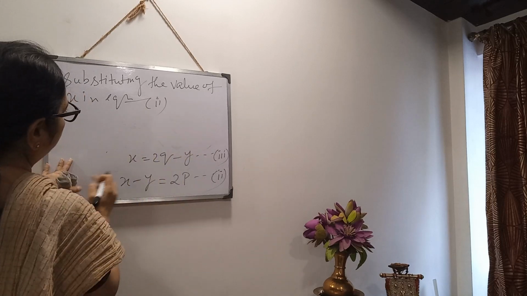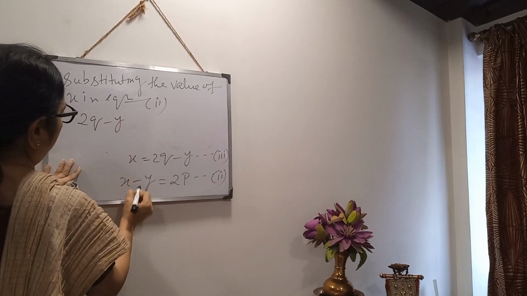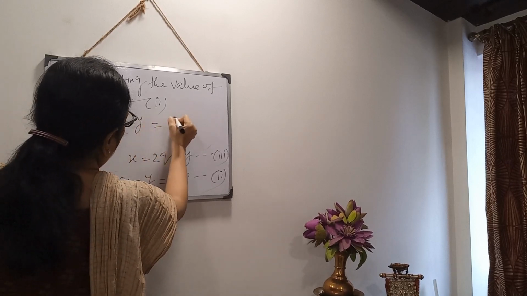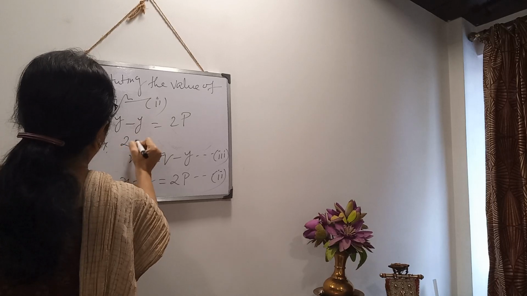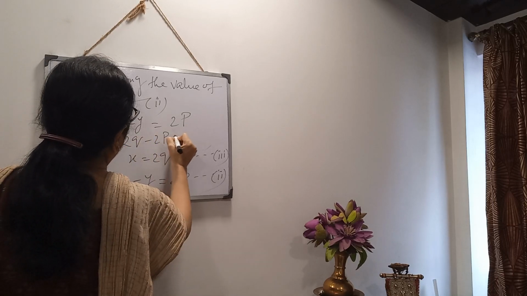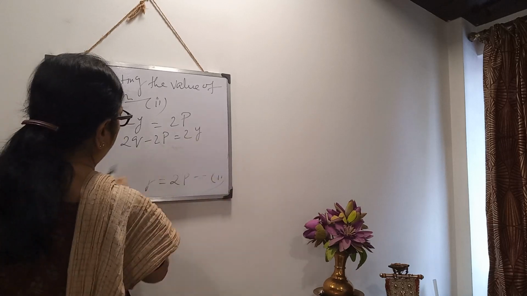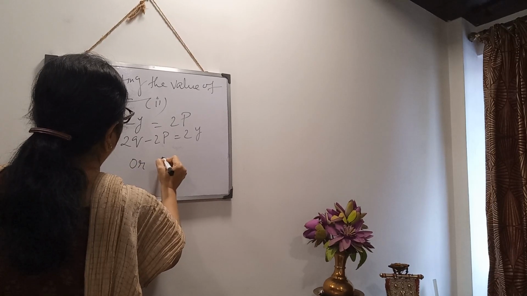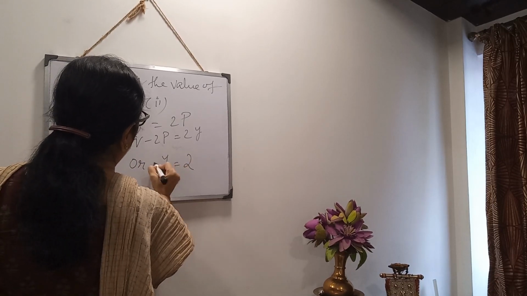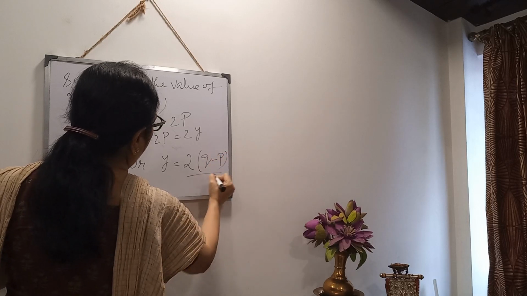My x is 2q minus y. So 2q minus y and there is minus y equals to 2p, or twice y. 2q minus 2p equals to twice y. Therefore 2 I am taking common, y equals to 2 into q minus p by 2.